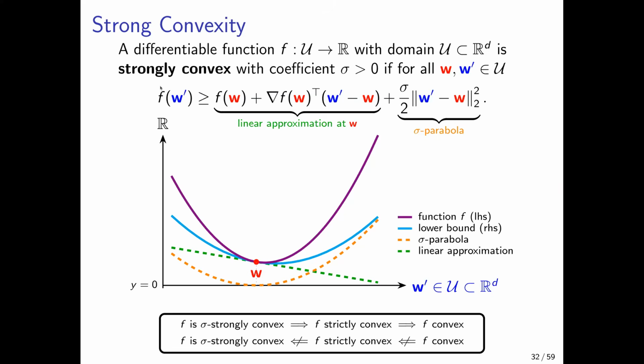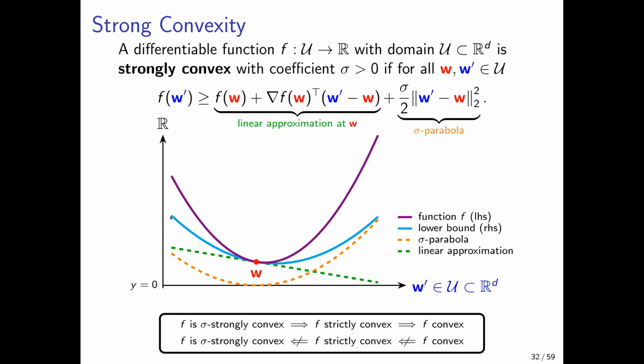This means that at every point w, we can lower bound this function f, which is here shown in purple, by some quadratic function, which depends on sigma, and which is here shown as this blue curve.